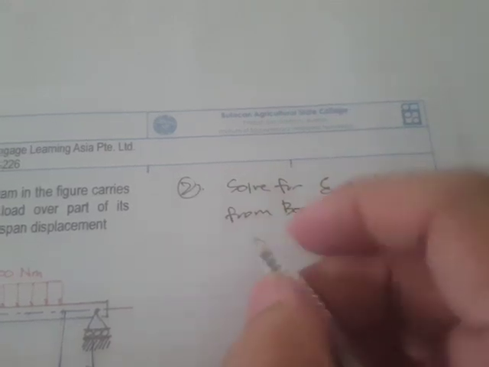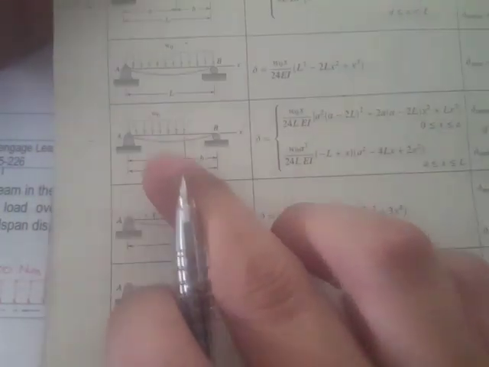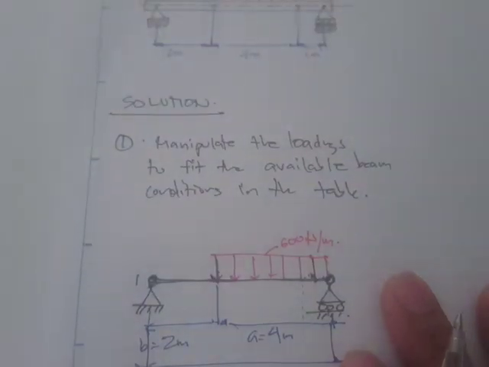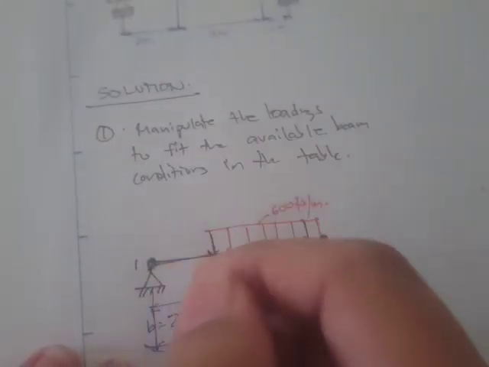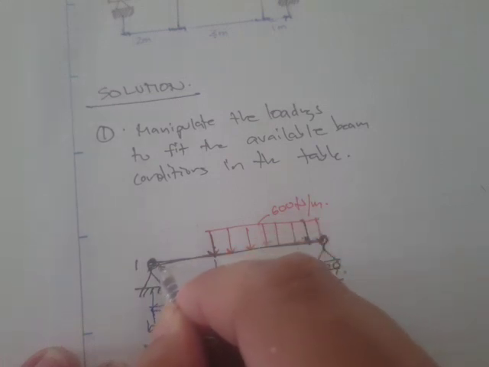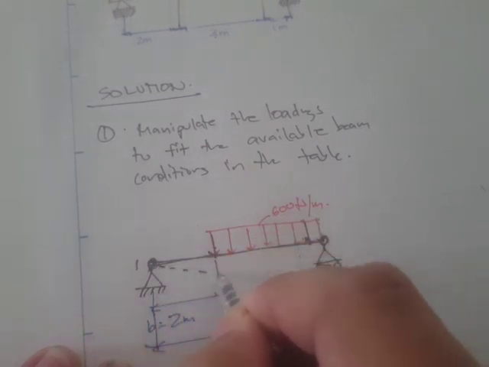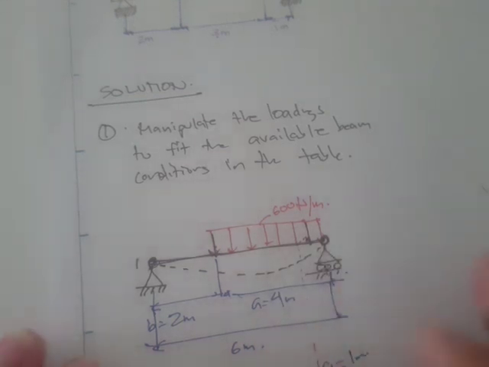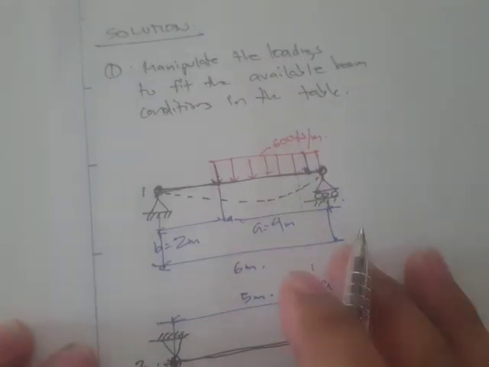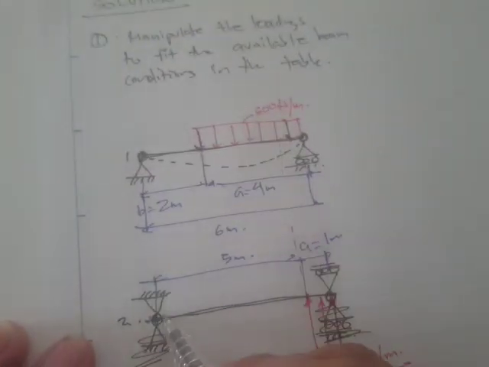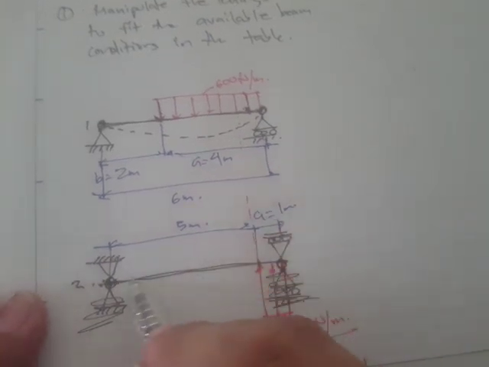So from beam 1, both of the beams will have case 9. And by the way, we also need to draw the deflected shape. So right here probably it's gonna be something like this, and this one will be probably something like this.